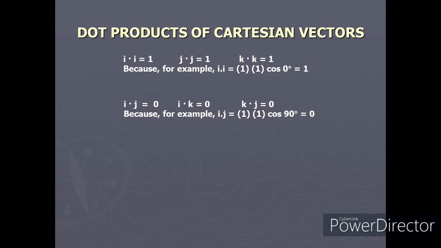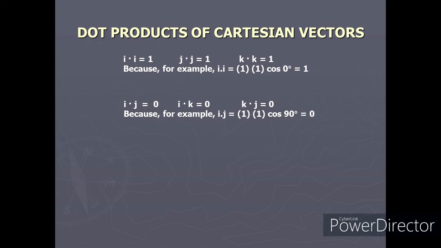What about J dot J? K dot K. And I dot J. Equals K? Why K? The angle between them is 90, and cos 90 is 0.